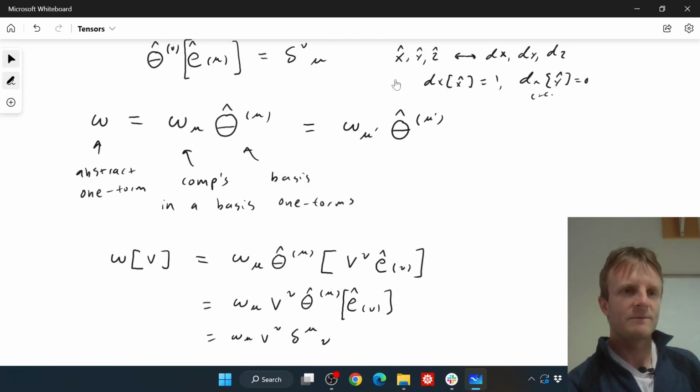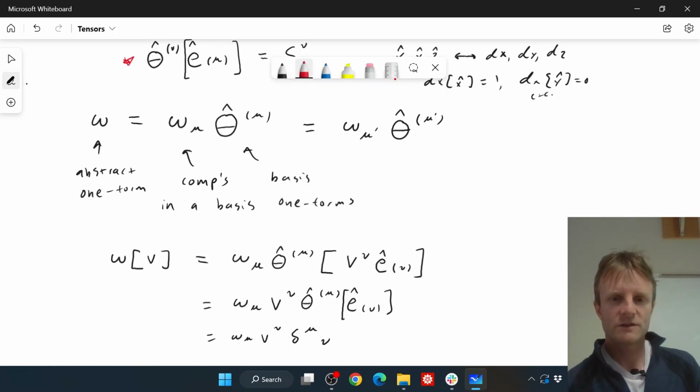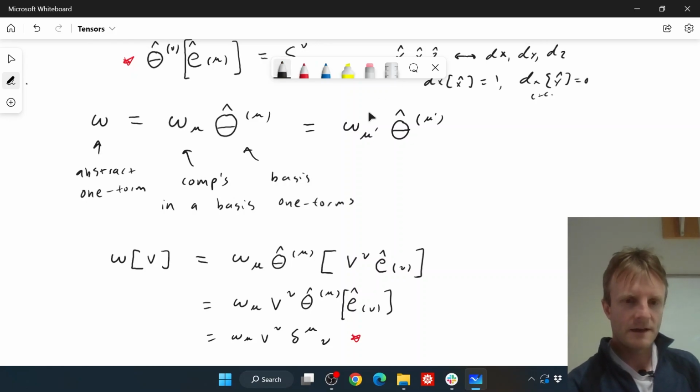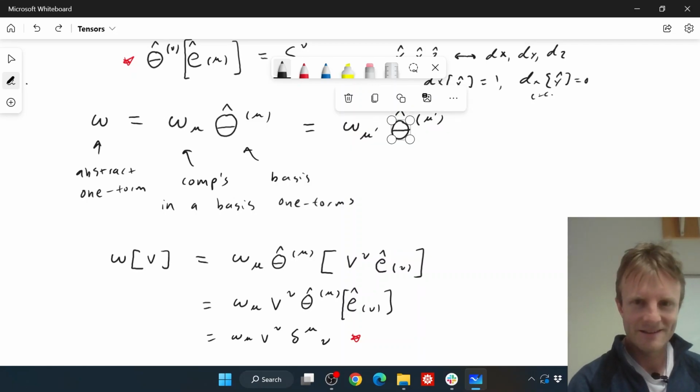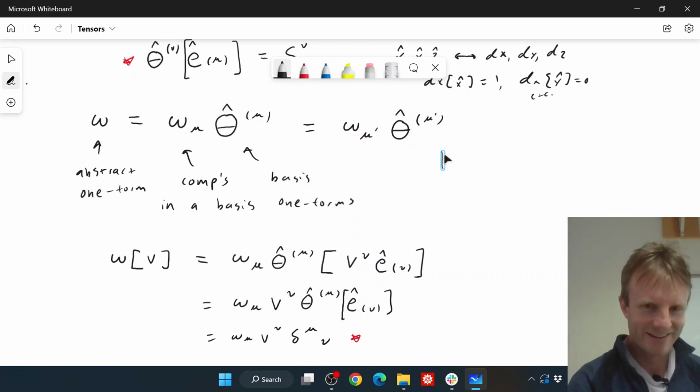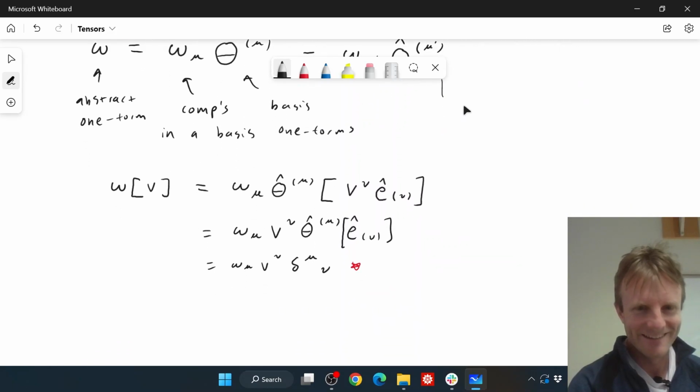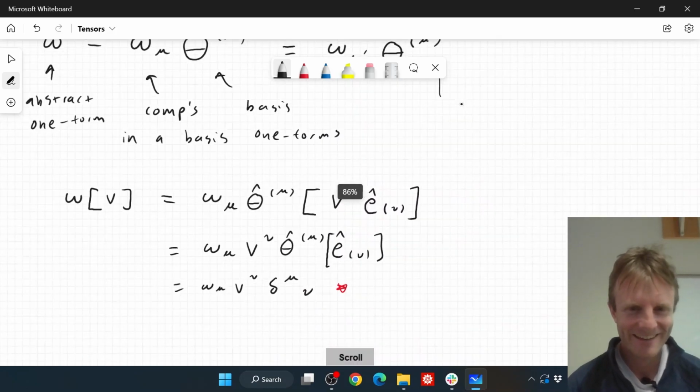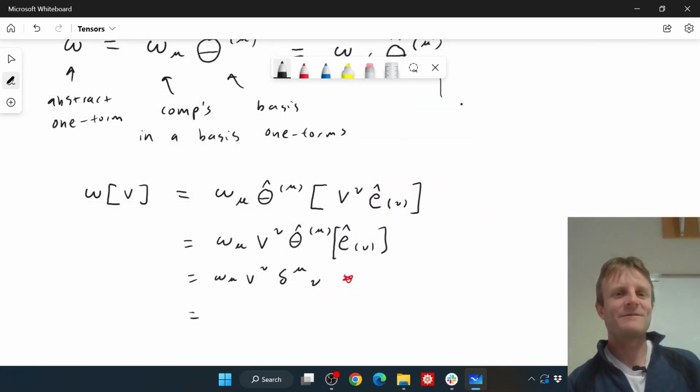Of course, now I want this back, so by this star equation. All right, and then, of course, again, our trick with the Kronecker, this just sets mu equals nu. So it's omega mu v mu.